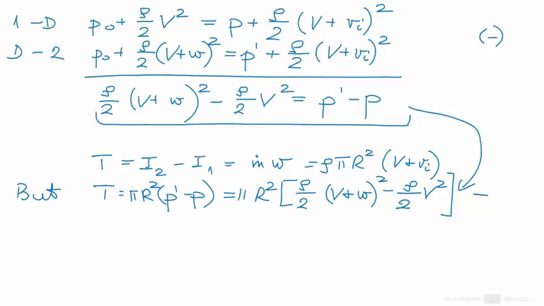So this is rho over 2 pi R squared times (2VW plus W squared).